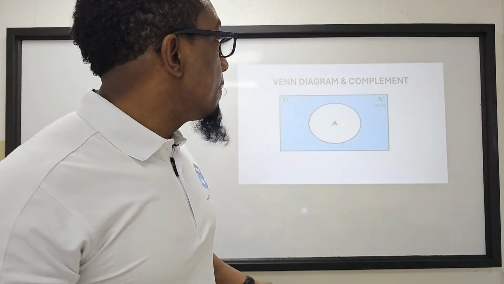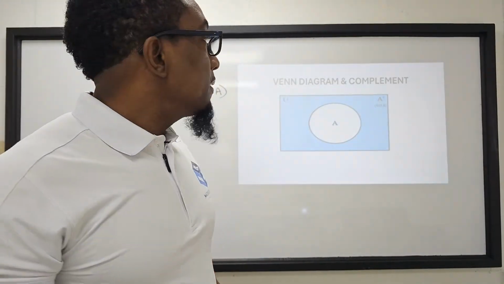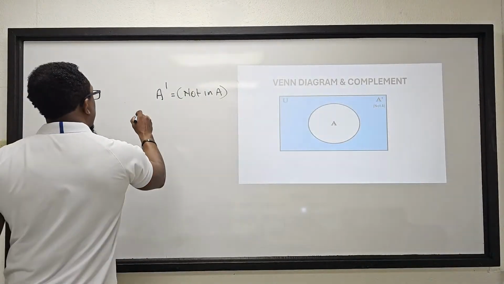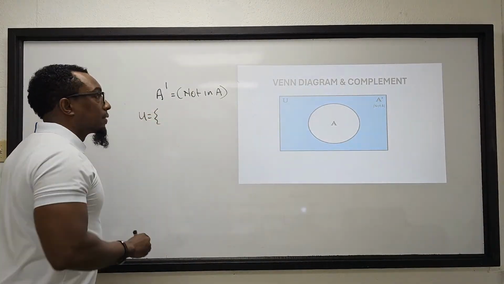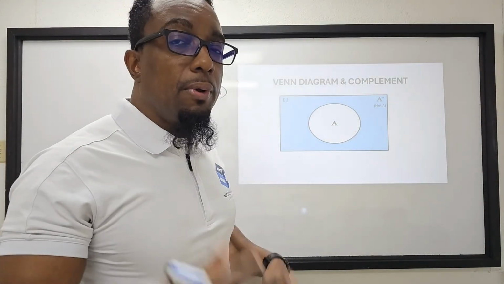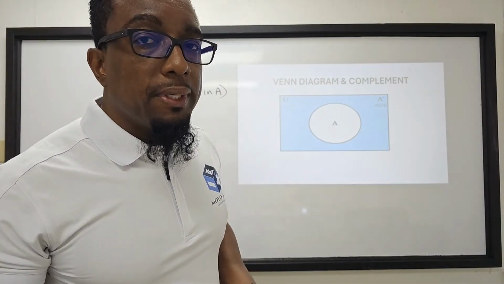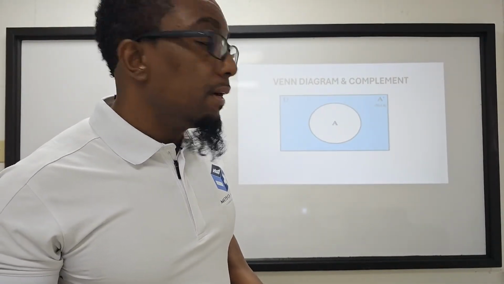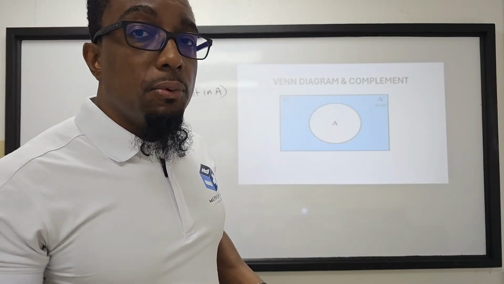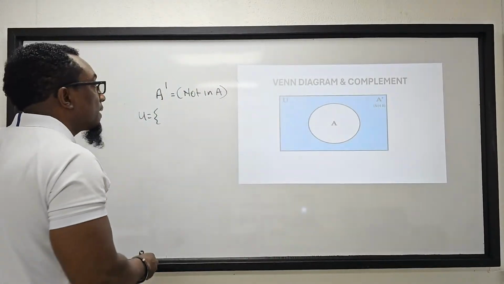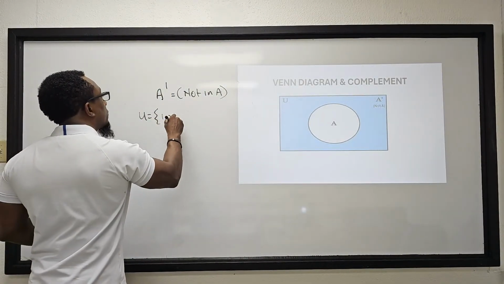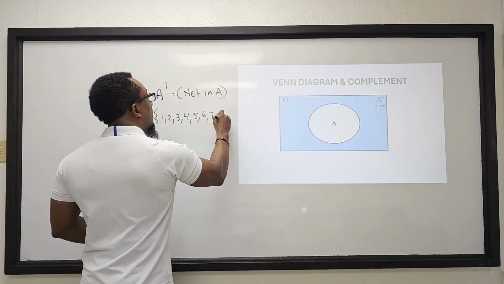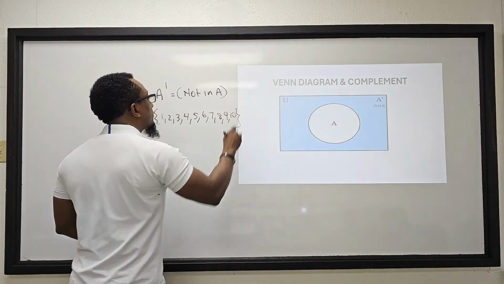Alright, so for example, let's place some elements within this Venn diagram. So we're going through the set theory, then we'll look at some CSEC past paper questions after to make sure we can apply what we've looked at today to those questions. So if I have my universal set and I have 1, 2, 3, 4, 5, 6, 7, 8, 9, 10.